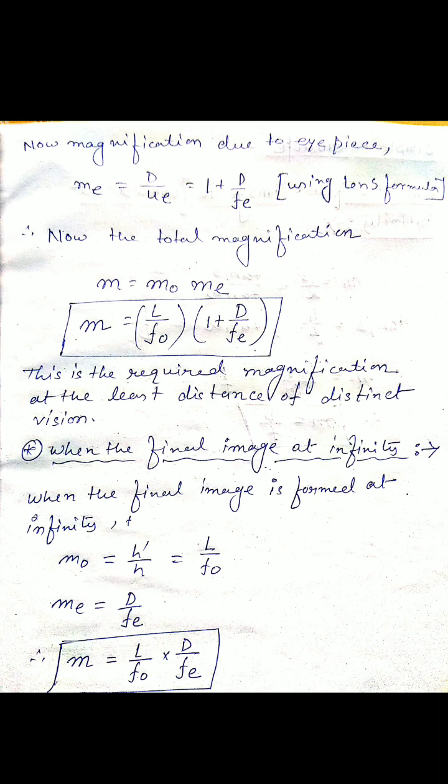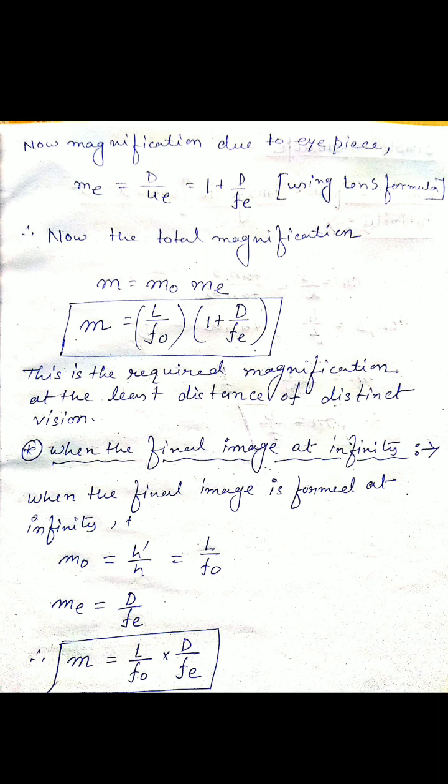Now when the final image is at infinity, the expression for me will be different. Already we discussed that the first image A'B' formed by the first convex lens lies on the focus of the eyepiece, not within the focus.